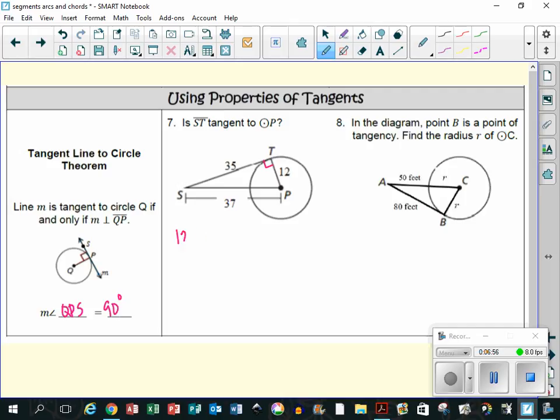So 12 squared plus 35 squared equals 37 squared. We need to check that this is true. So I do 12 squared plus 35 squared. Add that together in your calculator. I believe you get 1369. 37 squared is 1369. Therefore, this checks out. So yes, ST is tangent.